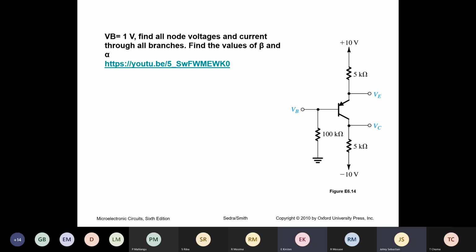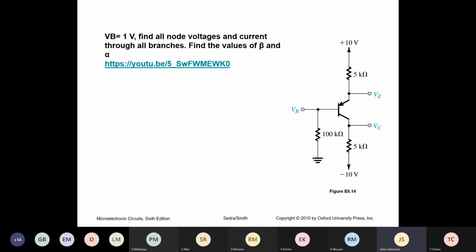Is it 1.65? Yes. So we have base current 10 microampere, emitter current 1.66 milliampere, and collector current 1.65 milliampere. We did find all the currents.